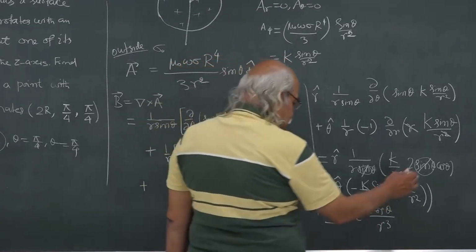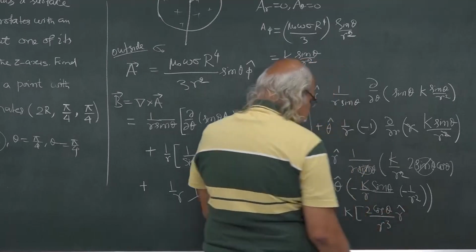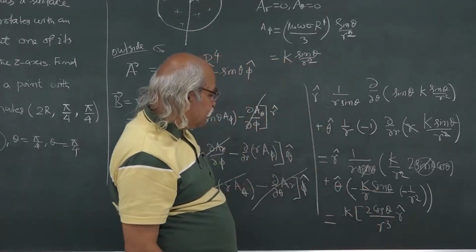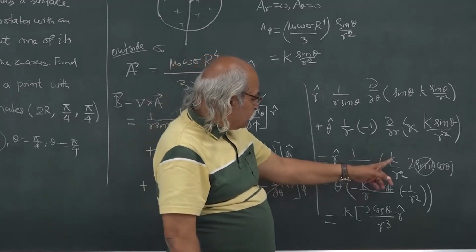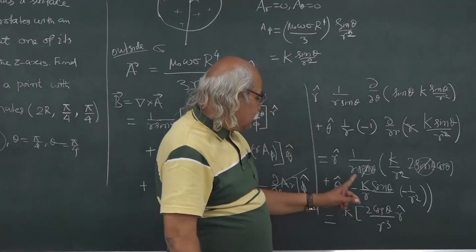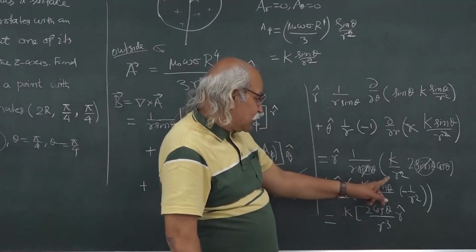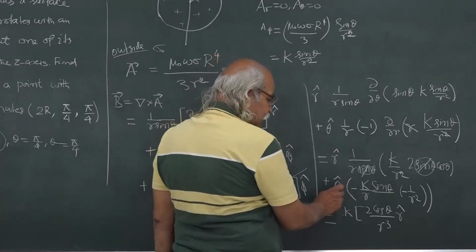That is r cap. K will be here, from here also I will get k, so k I am writing outside. So this is r cap, this k is here, 2 cos theta is here, this r and this r square I have taken care of, that is r cap, plus theta cap.